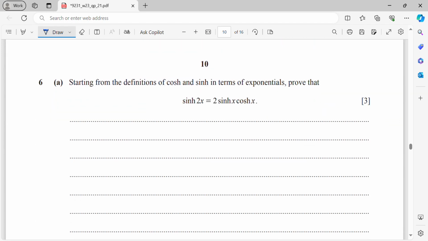Okay, now for question number 6a, starting from the definitions of cos and sine in terms of exponentials, prove this identity. So we know that sin x is half of (e^x - e^(-x)). Cos x will be half of (e^x + e^(-x)).